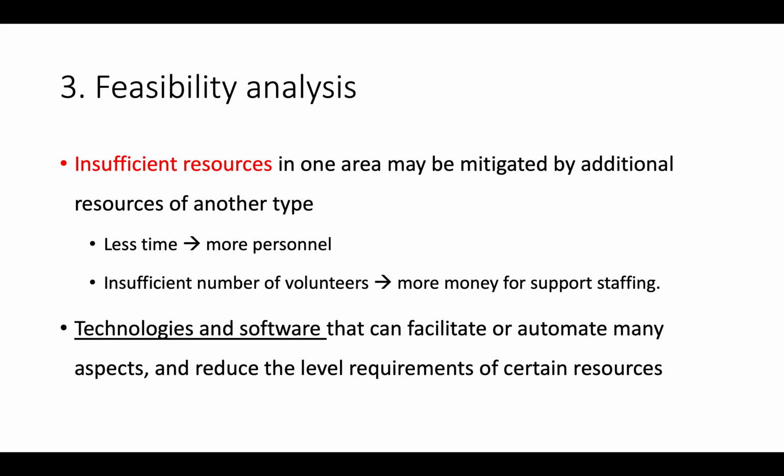For example, if we don't have enough time, we can recruit more people. However, if we don't have enough people to help us with the event, we can spend more money to recruit people. And nowadays, some new technologies can help us to reduce the requirement of certain resources.